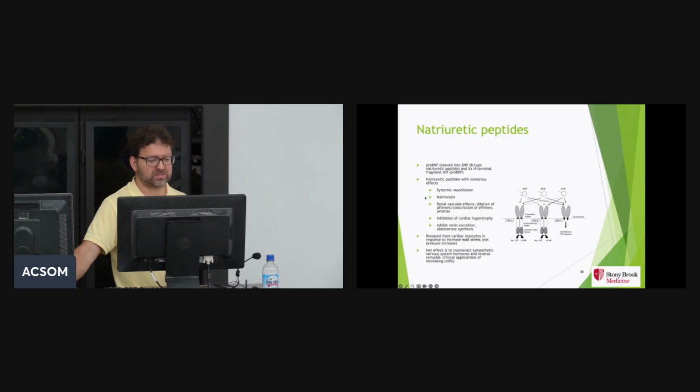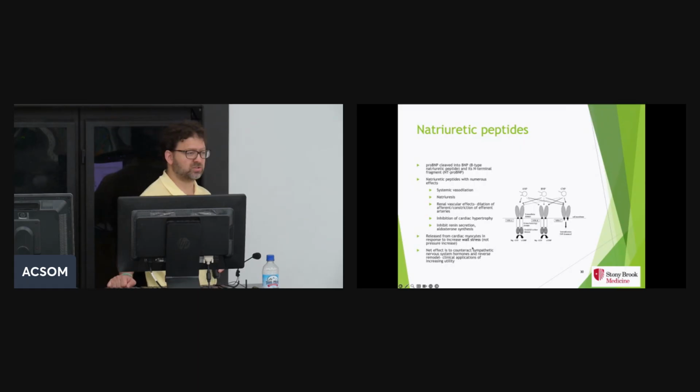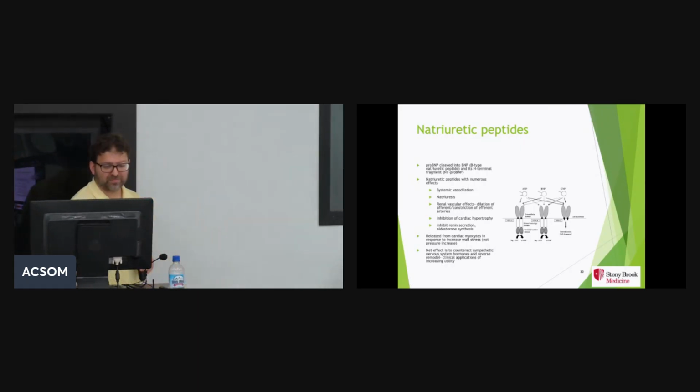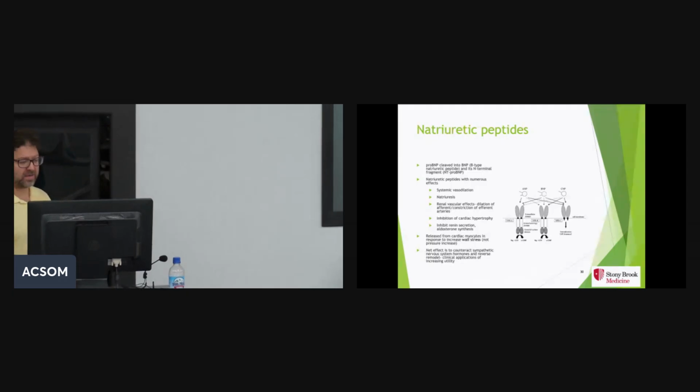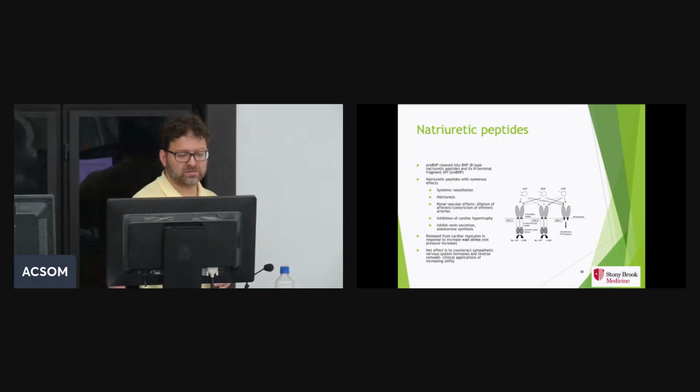Their effects are vasodilation, natriuresis, renal vascular effects, inhibition of cardiac hypertrophy, and inhibition of renin and aldosterone synthesis, all of the things that you guys mentioned. They're released as a response to increased wall stretch, right? Net effect is to counteract sympathetic and neurohormonal pathways and to reverse remodeling.